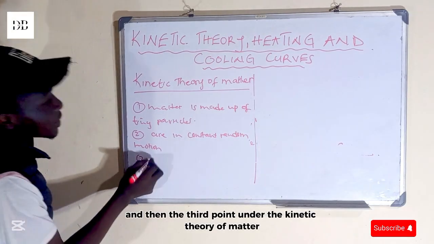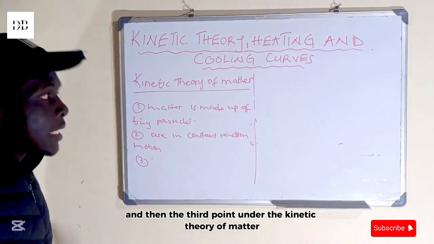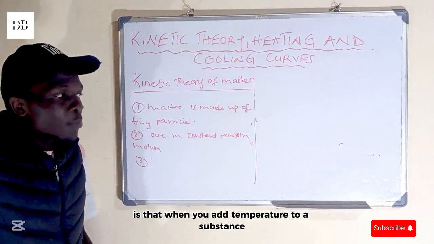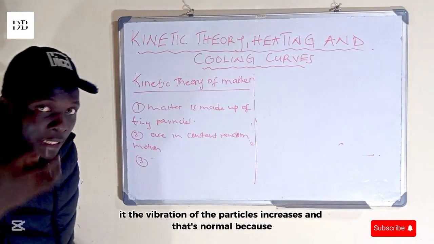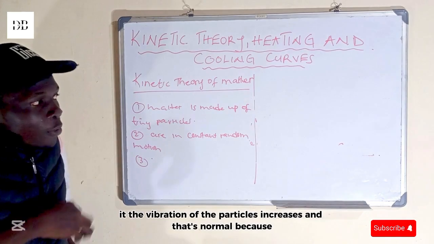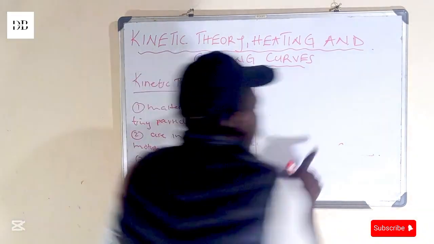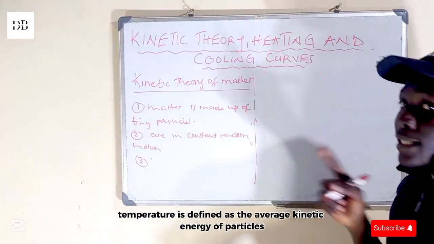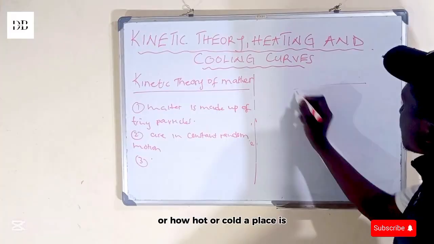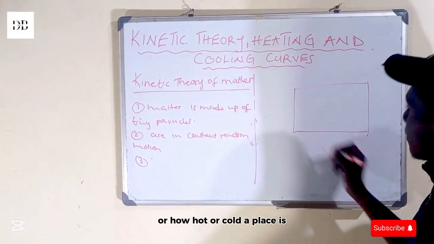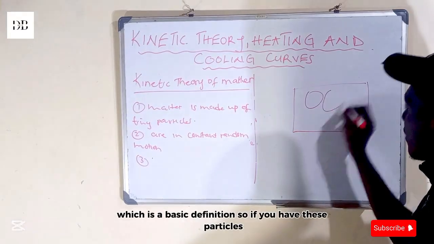And then the third point under the kinetic theory of matter is that when you add temperature to a substance, the vibration of the particles increases. And that's normal because temperature is defined as the average kinetic energy of particles, or how hot or cold a place is, which is a basic definition.